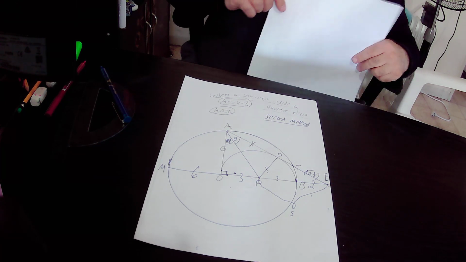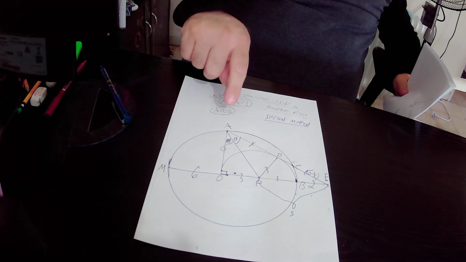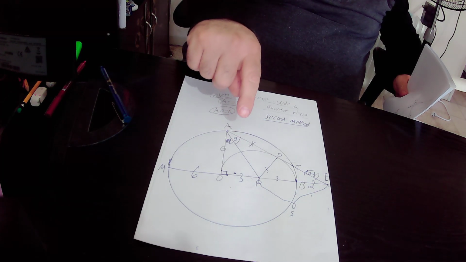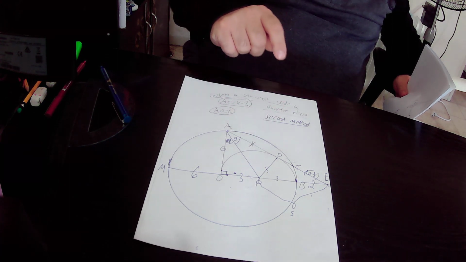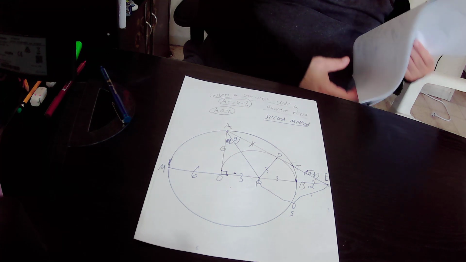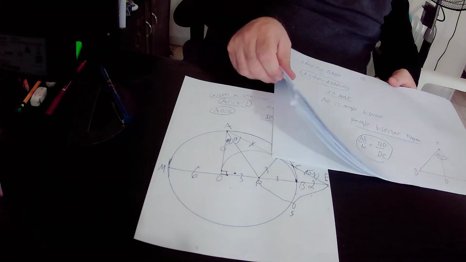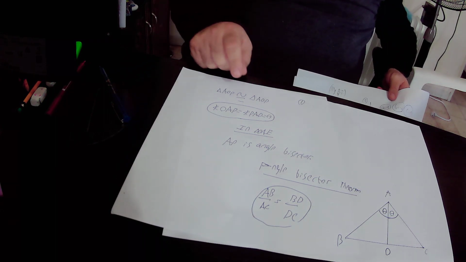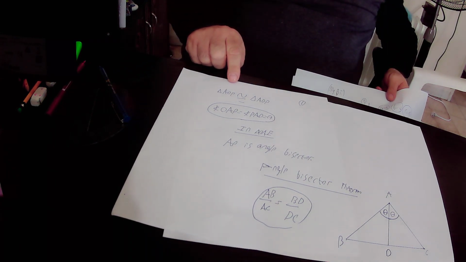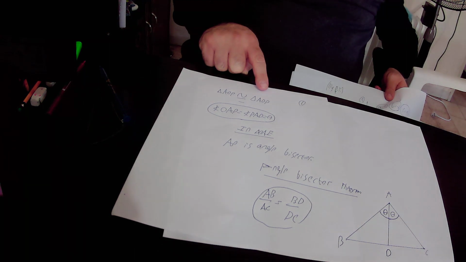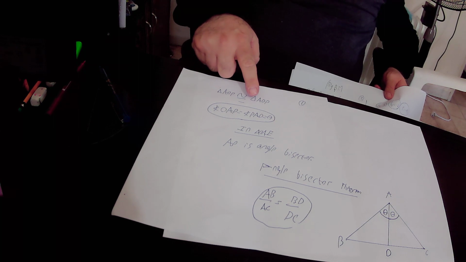Actually, we have already found that triangle AOP is congruent to triangle ADP according to the side rule. Therefore, we can conclude that angle OAP equals angle PAD.